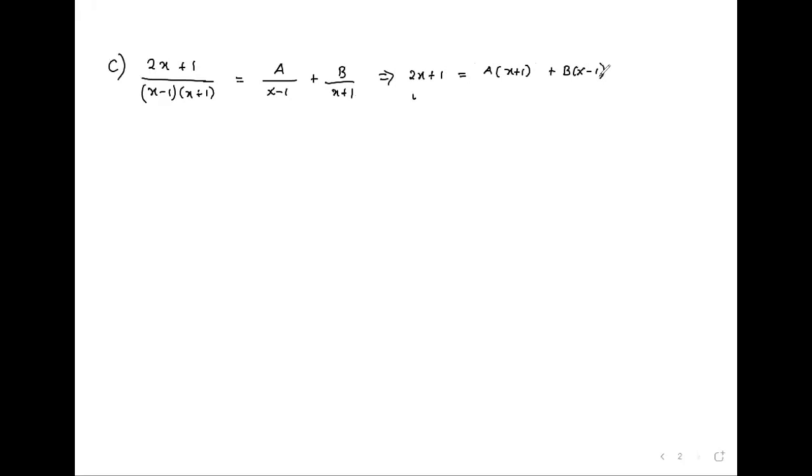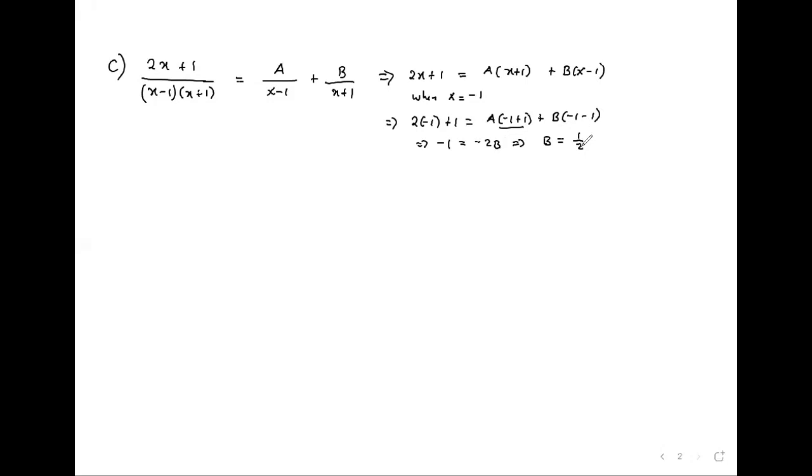So you notice that when x is -1, what we'll have is 2 times -1 plus 1, giving us a(-1 plus 1) plus b(-1 minus 1). This becomes -2 plus 1, which is -1. This is 0 here. So we'll have -2b, telling us that b is actually 1 over 2.